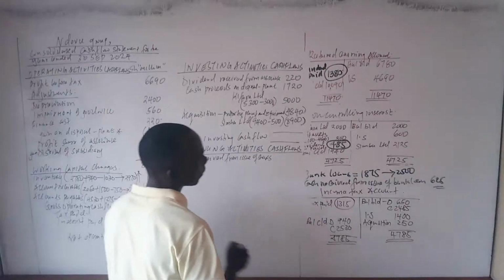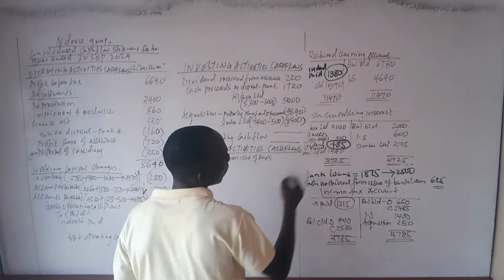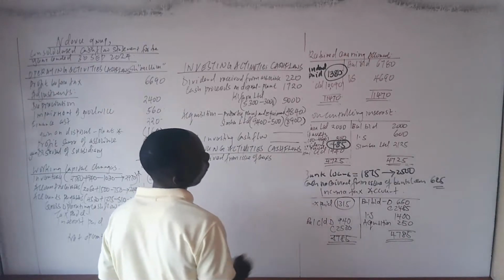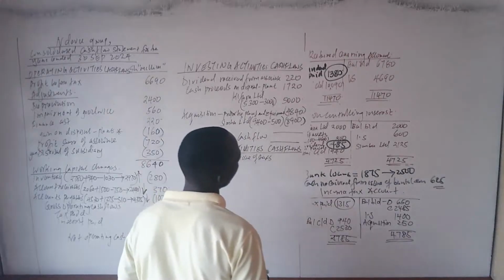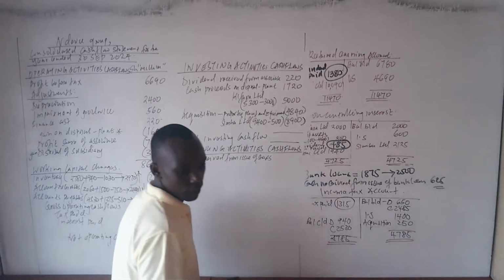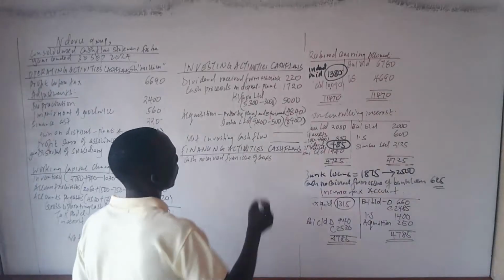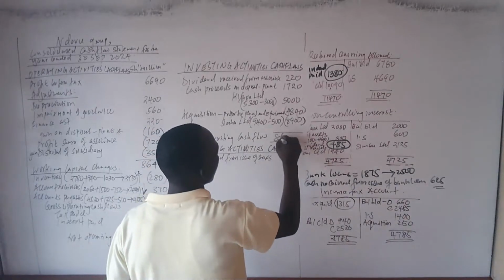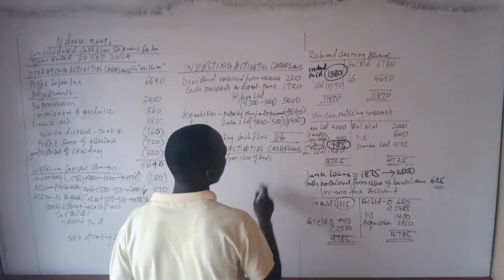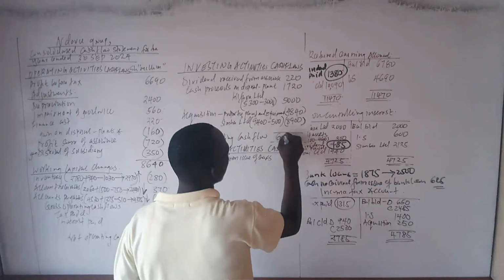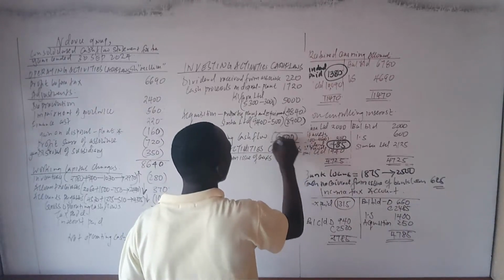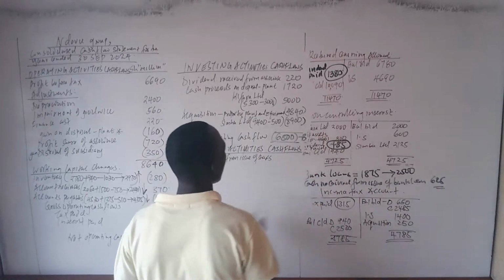How much did we receive from issue of shares? Here it is 6,800. The net investing is 6,800 negative. So this is our B.